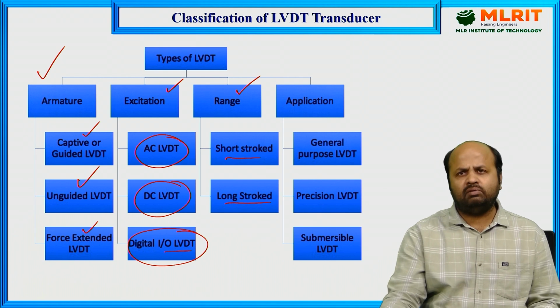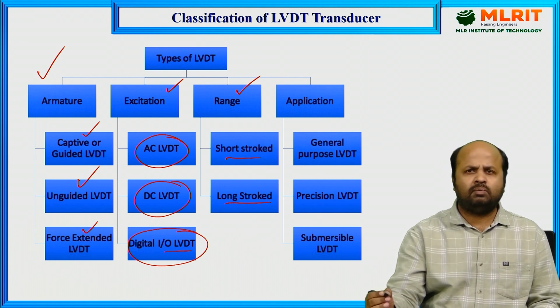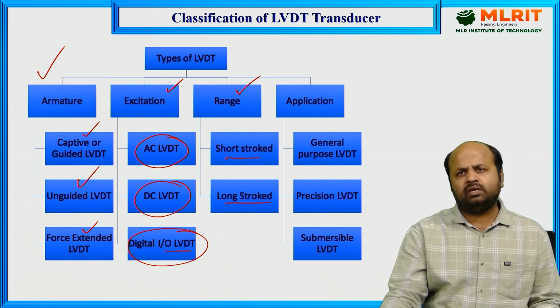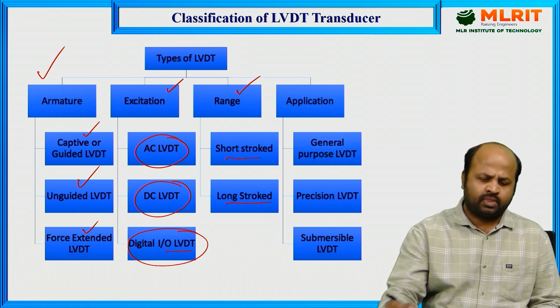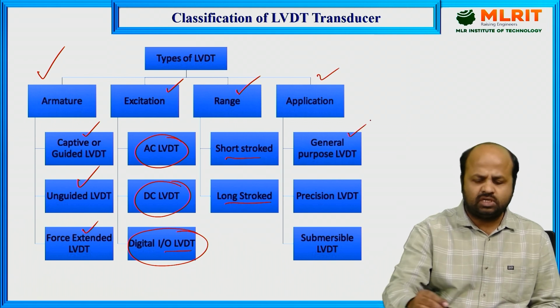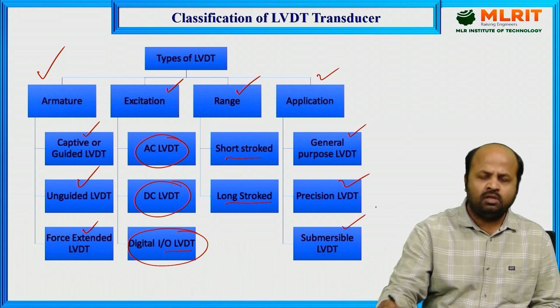Short range LVDT works within a 0.5 inch distance, but long range LVDT works up to 18.5 inch distance. Based on our application, we have general purpose LVDT, precision LVDT, and submersible LVDT.